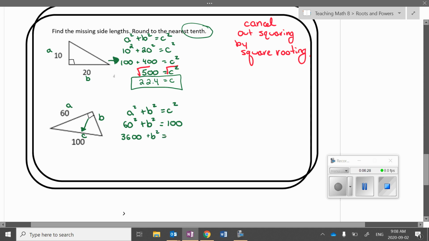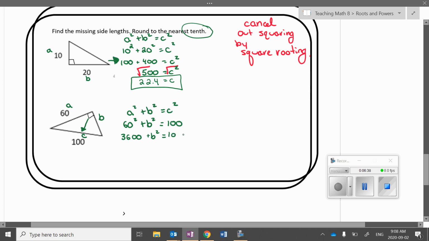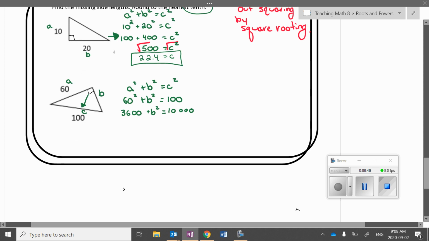So 100 squared, I know 1 squared is still 1. So 1, then I have those 2 zeros I have to deal with. When I square the 2 zeros, they're going to become 4 zeros, giving me 10,000. Okay, now let's go back to our algebra. I need to isolate and solve for B. So I first have to cancel out that 3,600. So it's currently positive, so I'm going to subtract 3,600 from both sides.